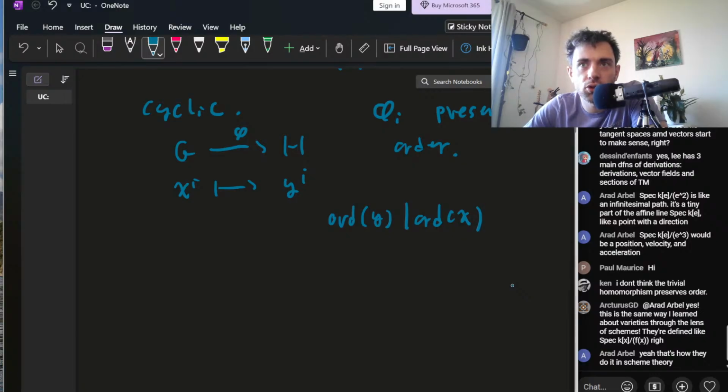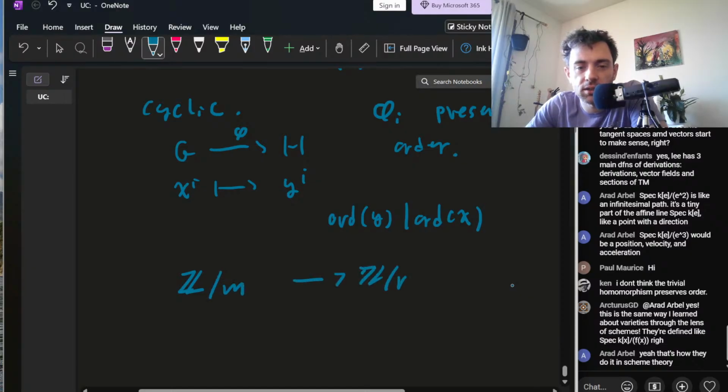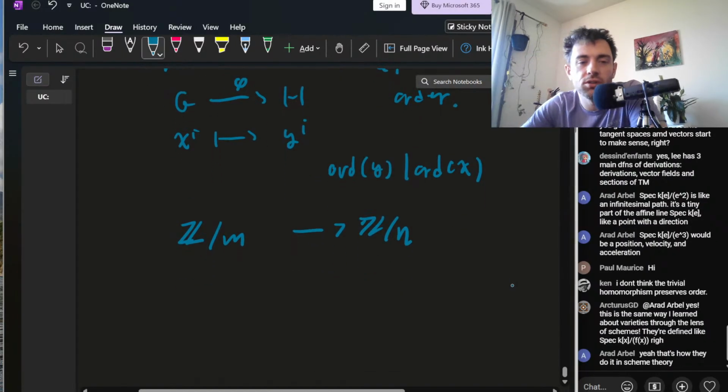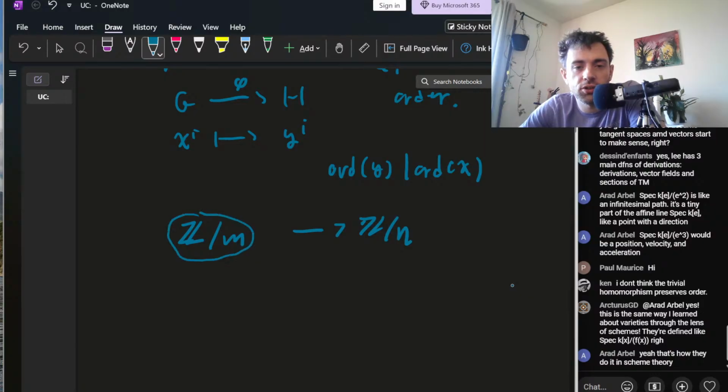There's another way. We just talked about this in general for cyclic groups. If they're finite, remember that all cyclic groups are of this form: Z mod nm to Z mod n, right? To give a map from one group to another, you basically just pick what you want your kernel to be.